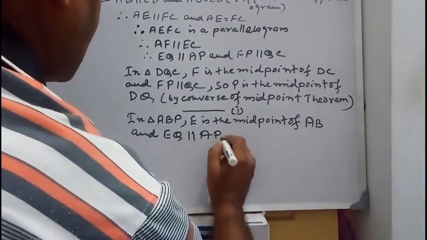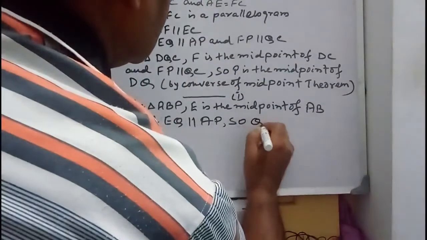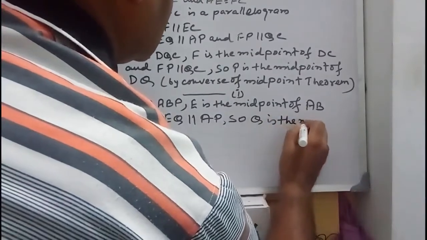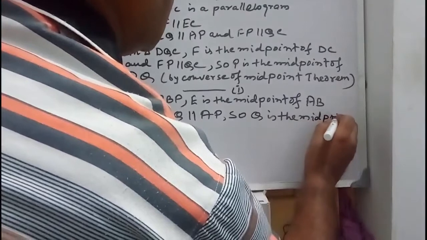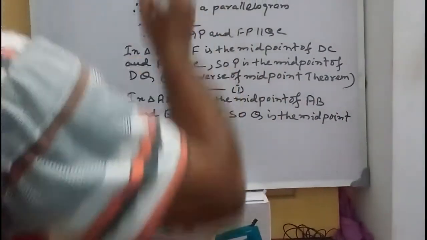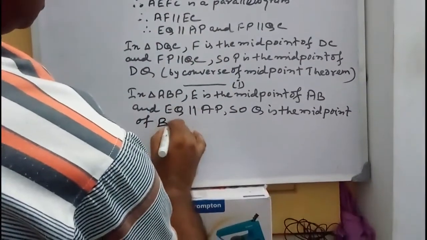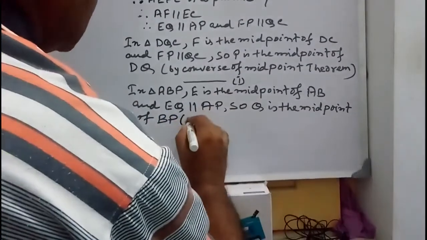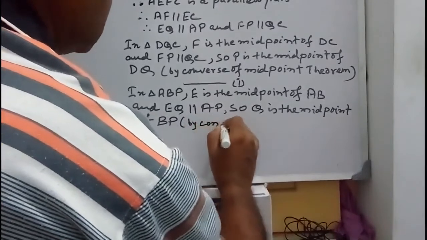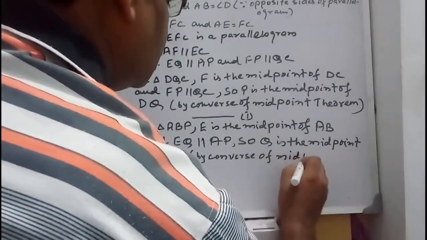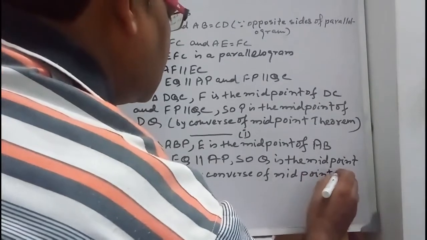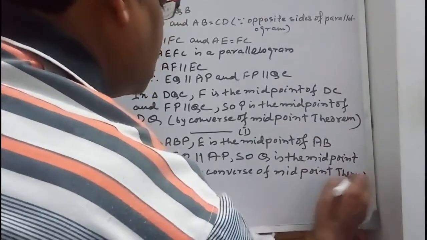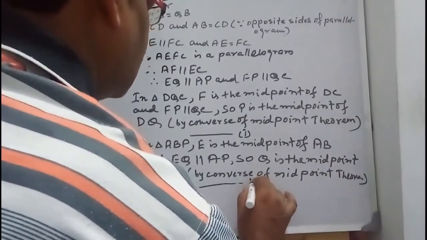So Q is the midpoint of BP. That is also the reason by the converse of the midpoint theorem. Take that one as Roman 2.